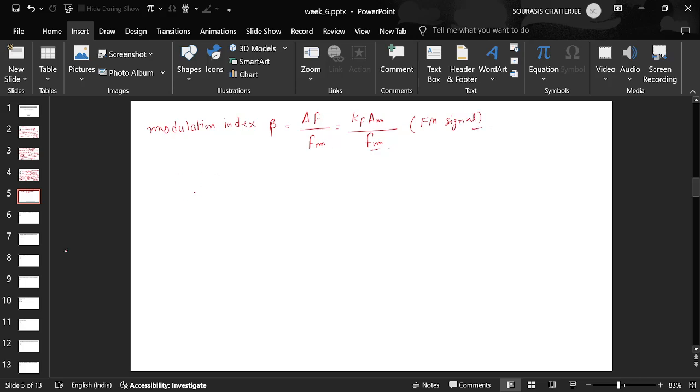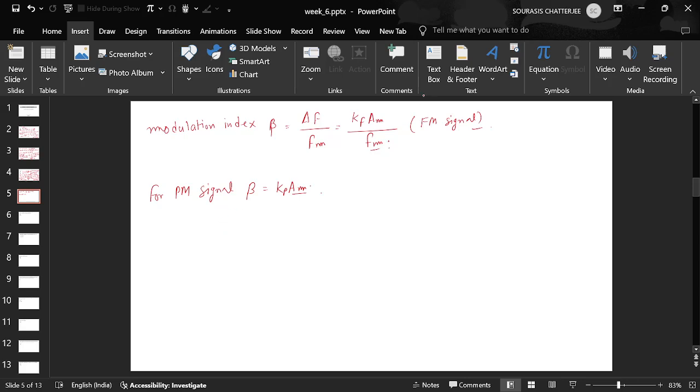Just a few minutes before, we obtained for the phase modulated signal that the modulation index was kp Am.